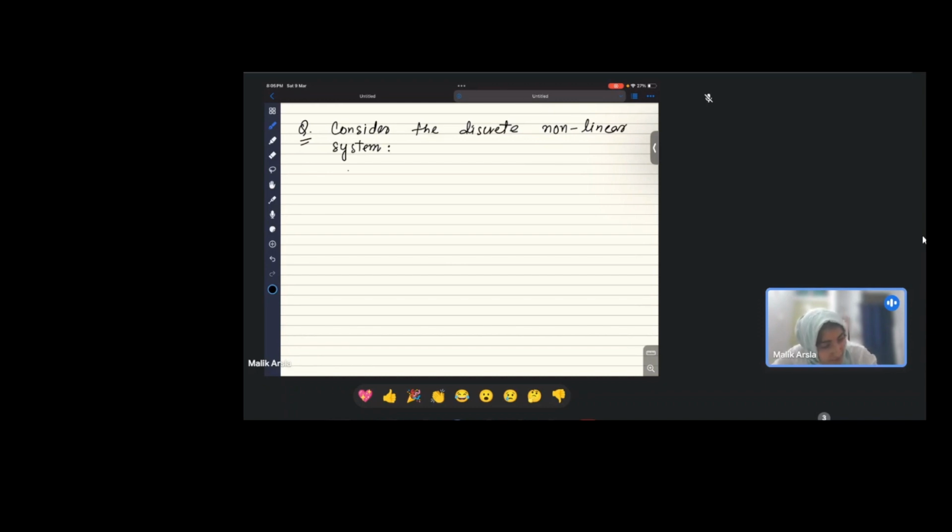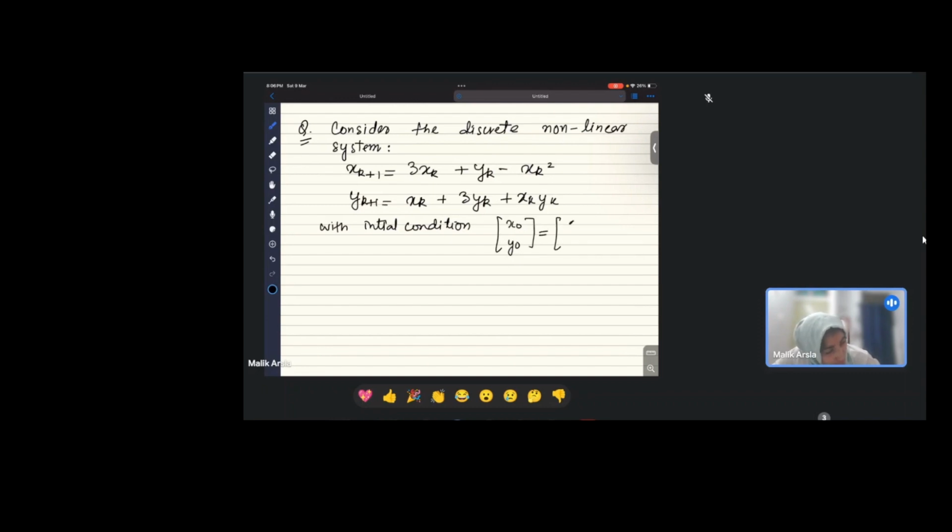A discrete non-linear system has been given: x(k+1) is equal to 3xk plus yk minus xk square, and y(k+1) is equal to xk plus 3yk plus xk yk, with initial condition x naught, y naught equal to 1, 0. Then calculate the value of x3, y3.